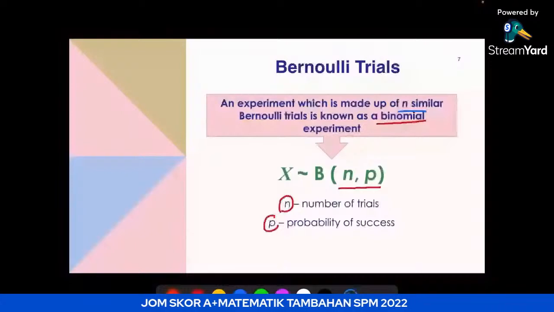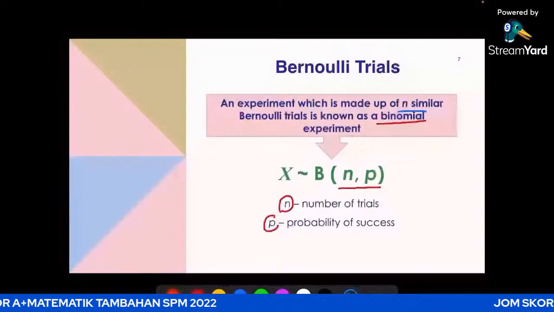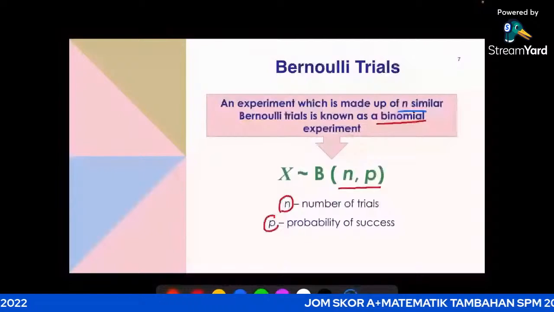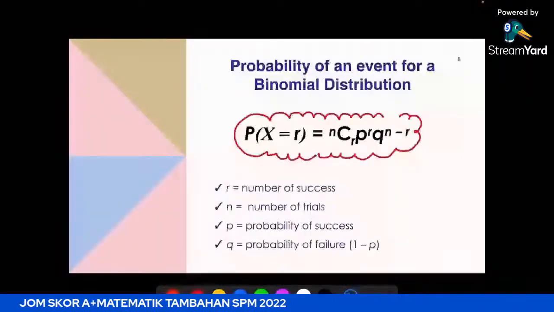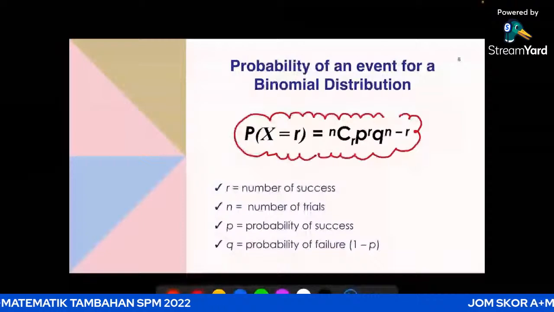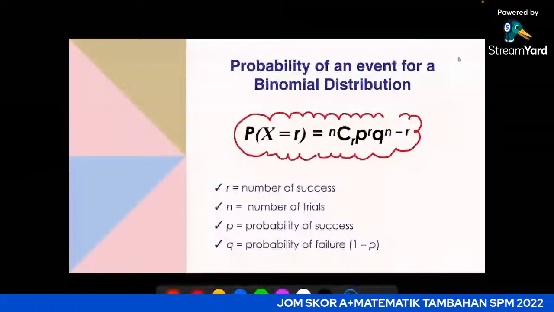Probability of an event for a binomial distribution is given by this formula. This formula is given for us to find the probability of an event for a binomial distribution. No need for us to memorize this because the formula will be given during the exam.